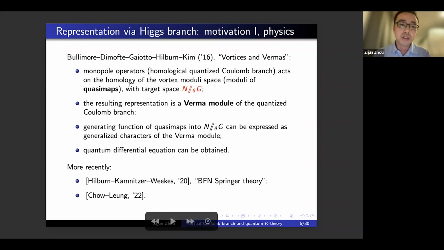And the result of this construction is that one can realize a Verma module of this quantized Coulomb branch. Moreover, the generating function of the quasimaps, which is the enumerative invariant we're interested in, can be expressed as some kind of character of this Verma module. And also, the quantum differential equation has some interpretation in this way.